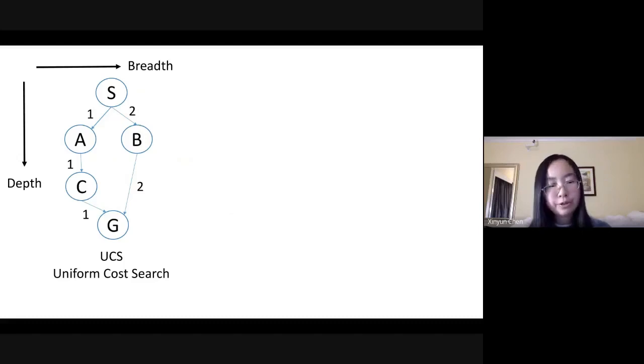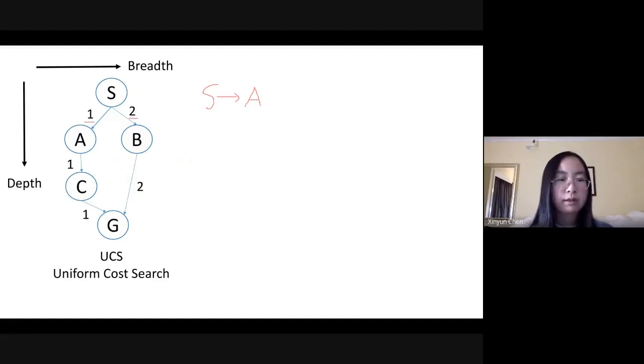But for UCS, it mainly concerns the cumulative cost of each path. So what do I mean by this? Again, start from S, then we will explore A first, because the cost of S to A is 1, but the cost of S to B is 2.